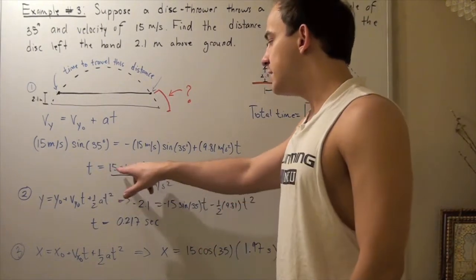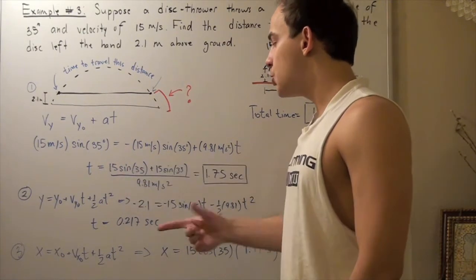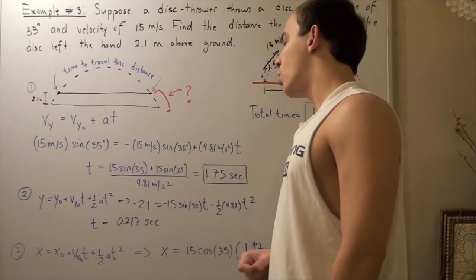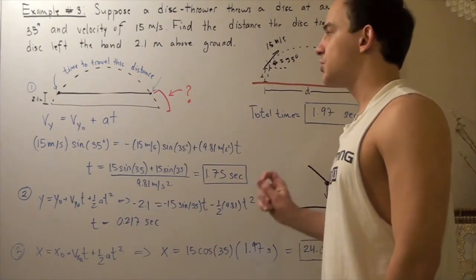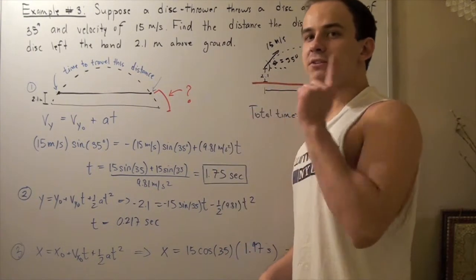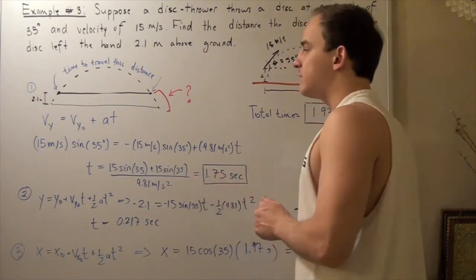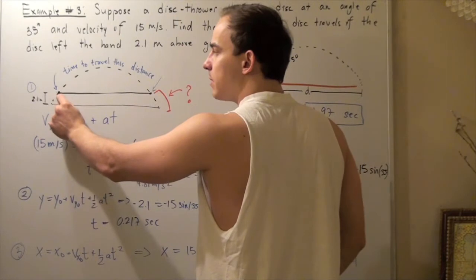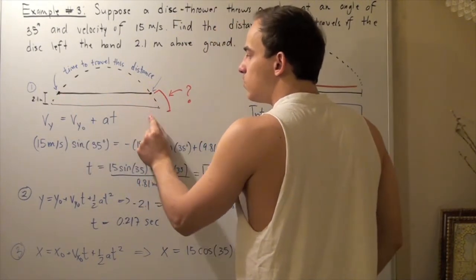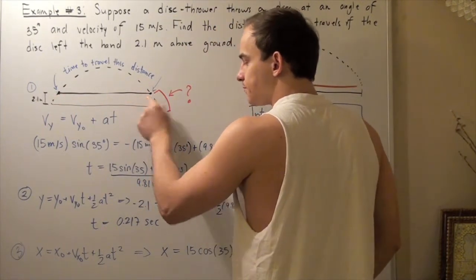So 15 sine 35 times 2 divided by 9.81 gives us 1.75 seconds. So it takes our disc 1.75 seconds to get from this point, 2.1 meters above the ground, to this point, 2.1 meters above the ground.